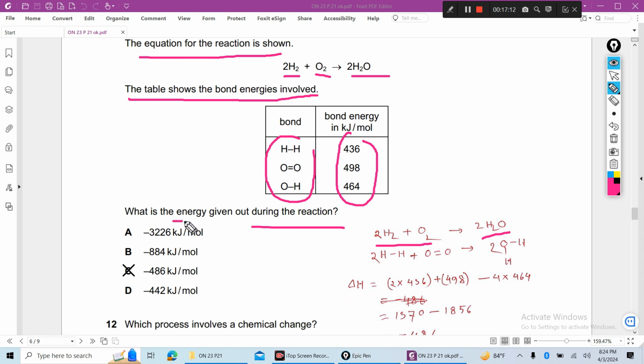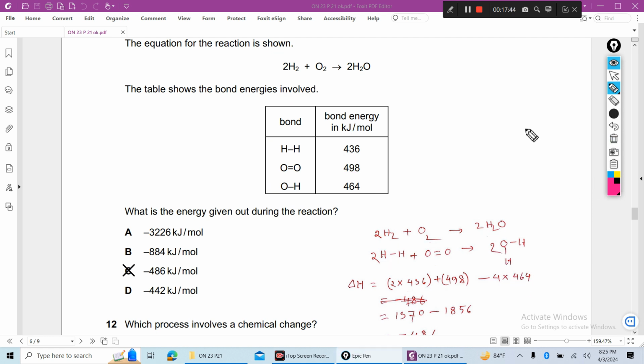So energy given out, delta H will be here 2 hydrogen bonds, 2 times 436, plus oxygen double bond 1 times 498, minus water, 2 moles water, 1 plus 1, 4 times 464.